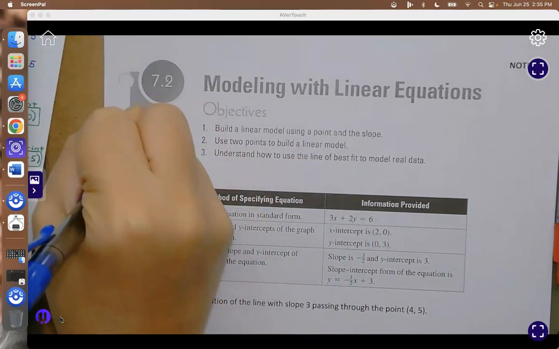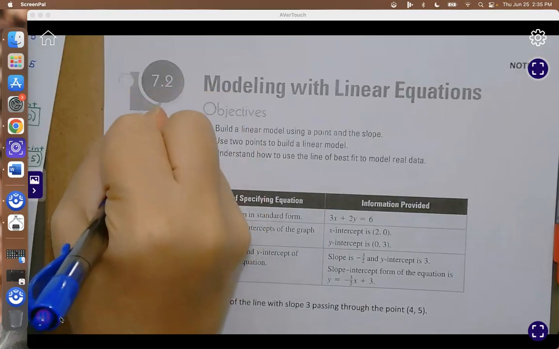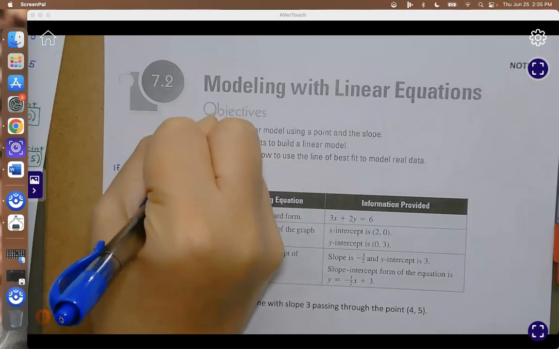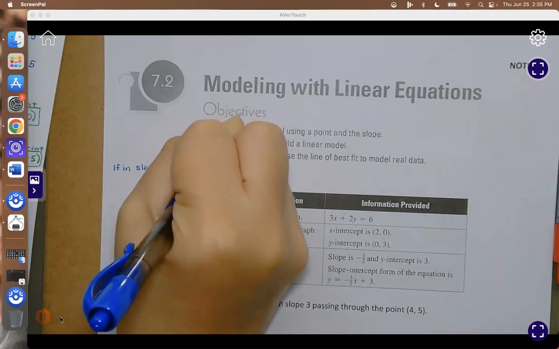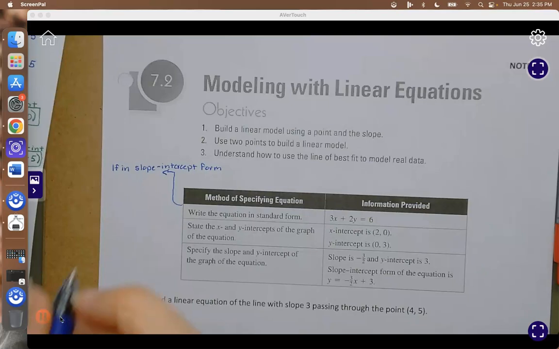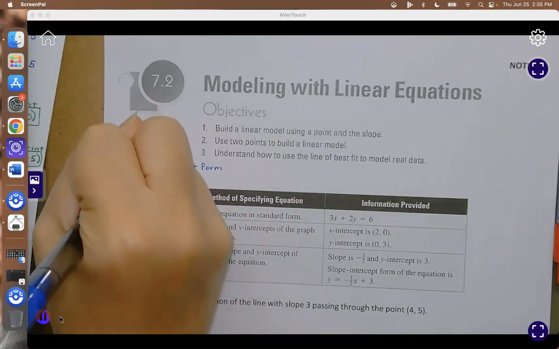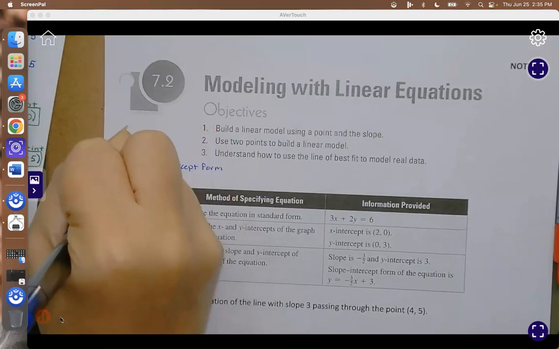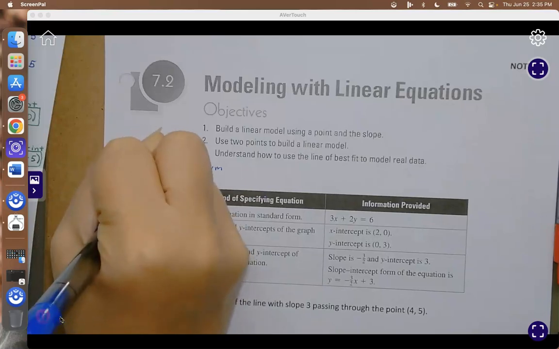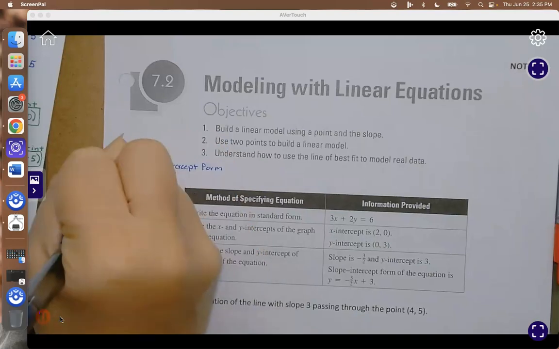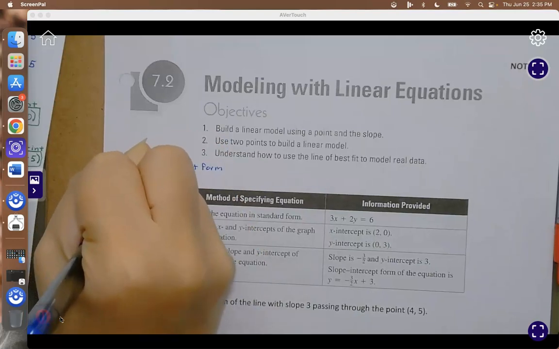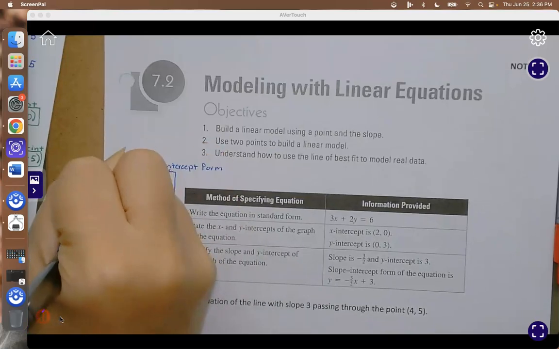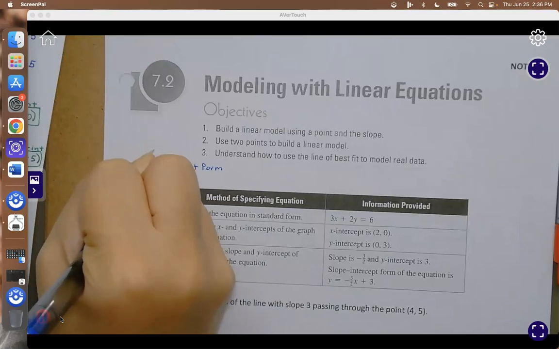If in slope-intercept form, get x and y on the same side. Put the x term first.